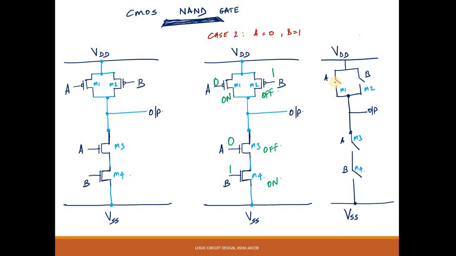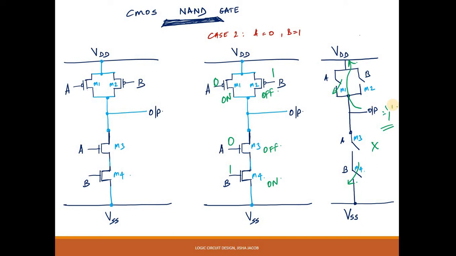The equivalent circuit would look like this: M1 on, so close switch, M2 off, open, M3 off, open, M4 on, close. You see there is no path from the output to VSS because the path is broken by the open switch M3. But when you look at the pull-up network, you see that there is a path like this. Therefore, output will be pulled up to logic 1.